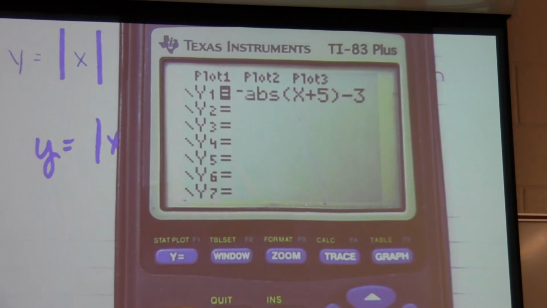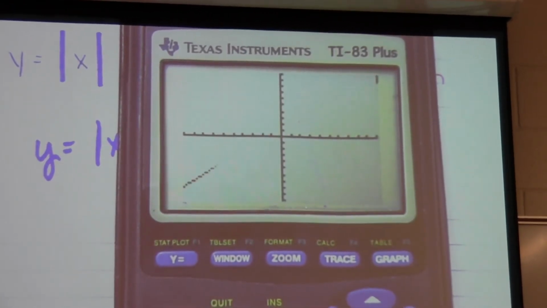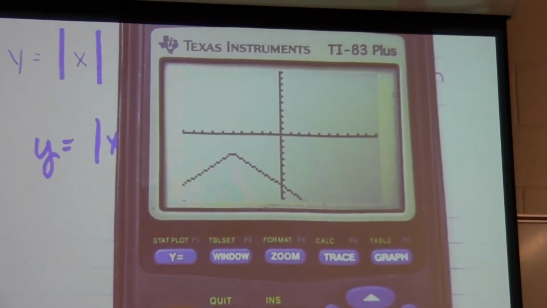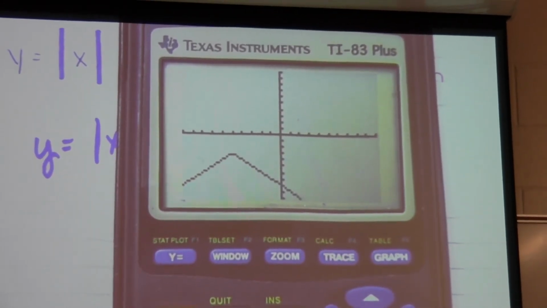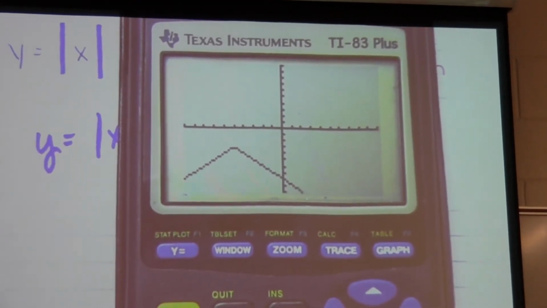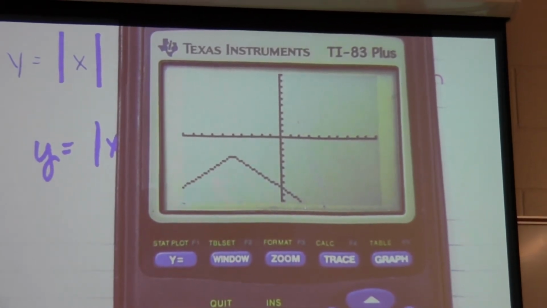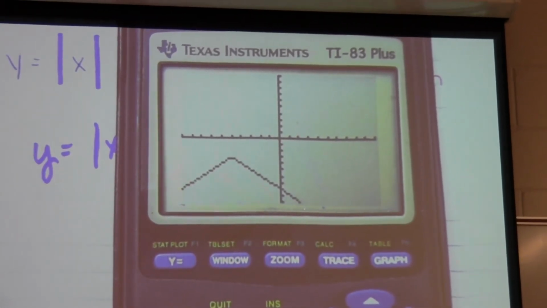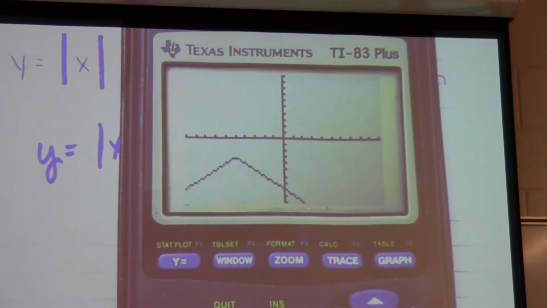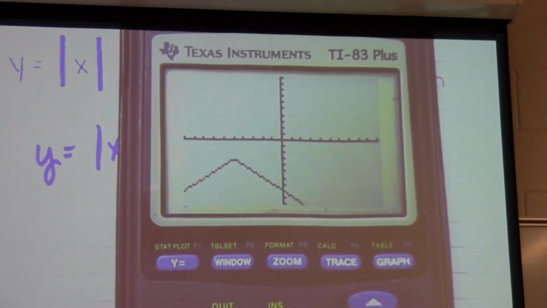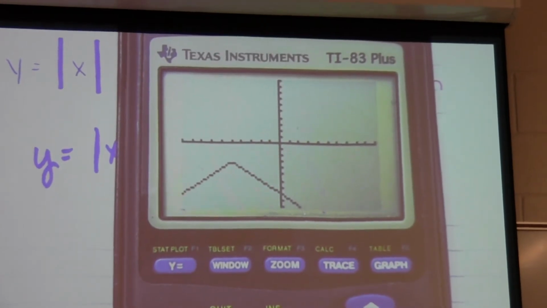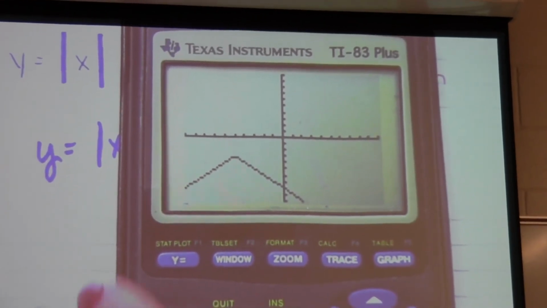Look at you reading my mind. And we could go ahead and flip it over or reflect it across the x-axis. So we can do all the same things we've been doing all along with our graphs of the quadratic and the square root families with our absolute value family.